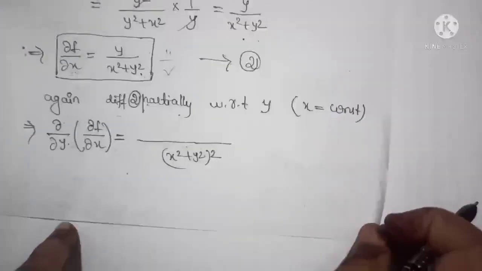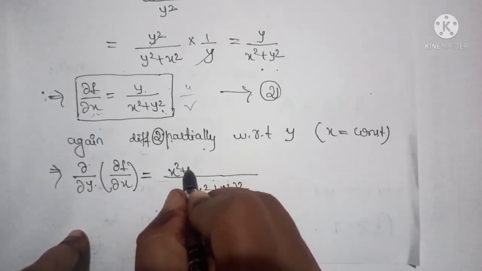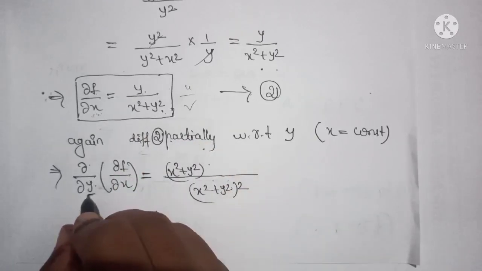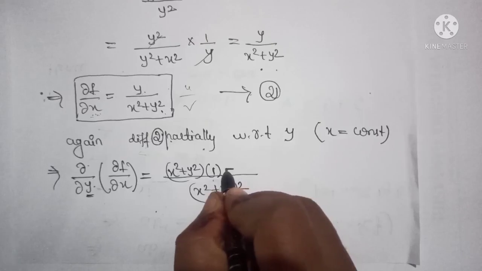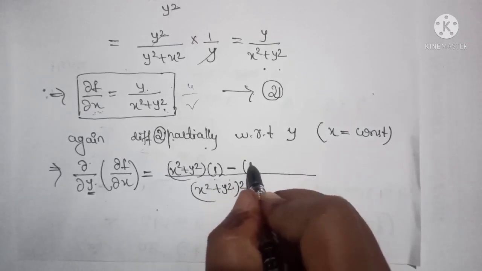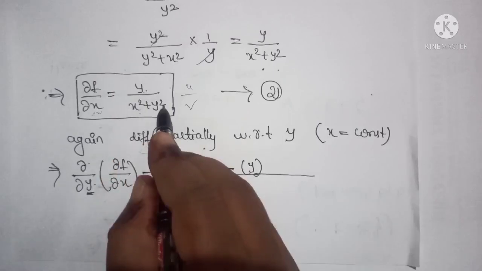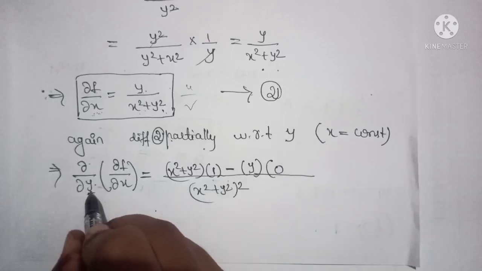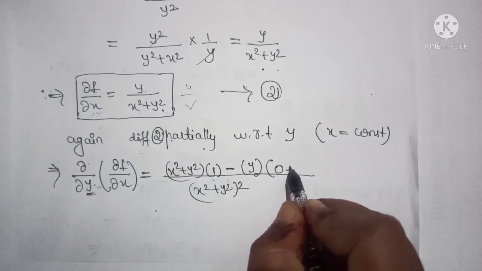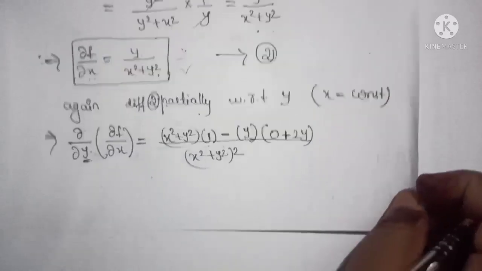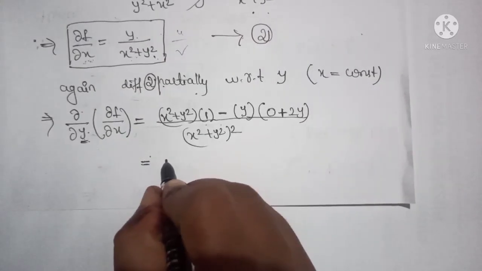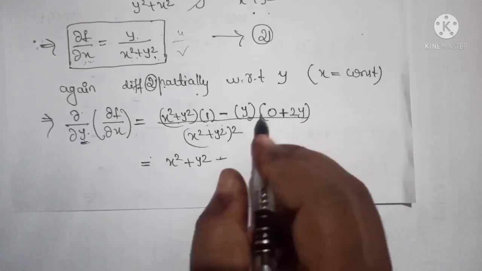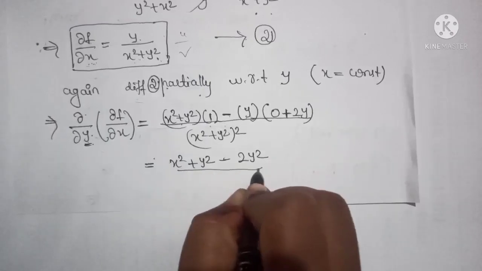So we have the formula for u by v, denominator whole square. Here numerator, keep denominator as it is, differentiate numerator, that is y differentiation with respect to y is 1, minus, now y as it is, this x square plus y square differentiation we have to write. So x square differentiation becomes 0 because we are differentiating with respect to y, and y square differentiation is 2y. So further simplifying this one, we get x square plus y square minus y into 2y is 2y square, denominator as it is.